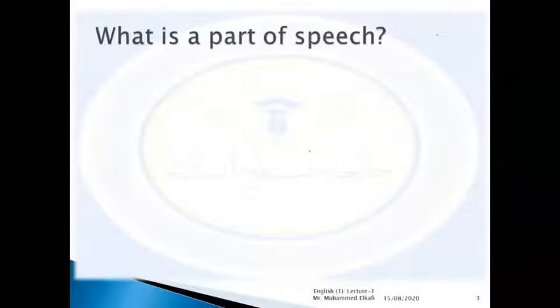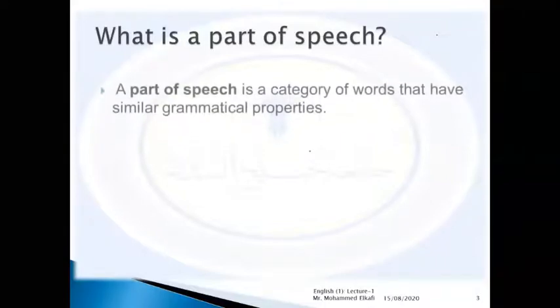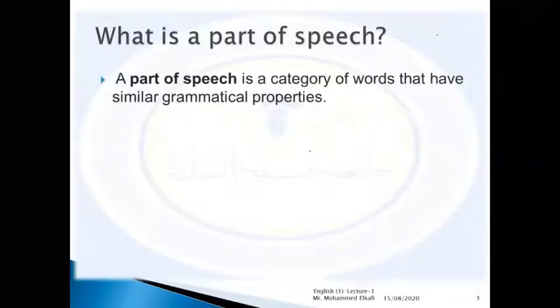When we say the parts of speech, what do we mean with a part of speech? A part of speech is a category of words that have similar grammatical properties.